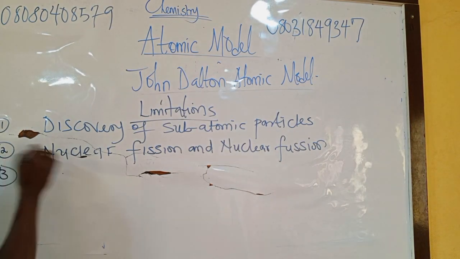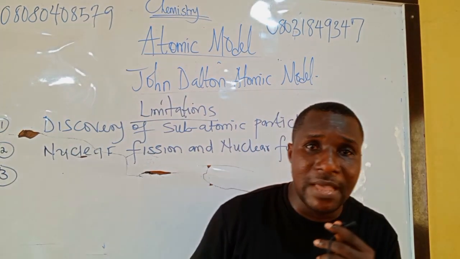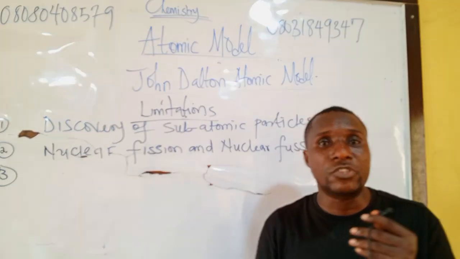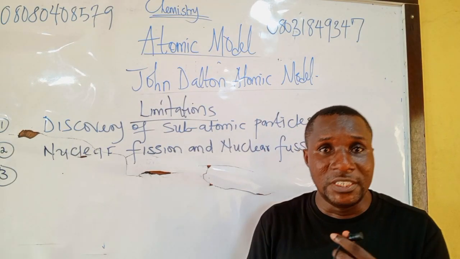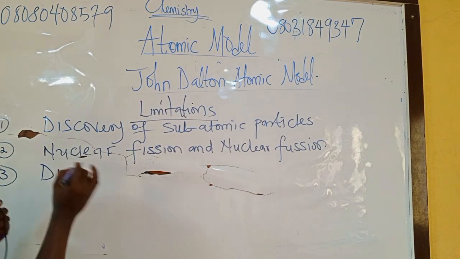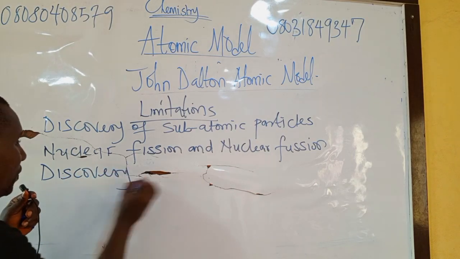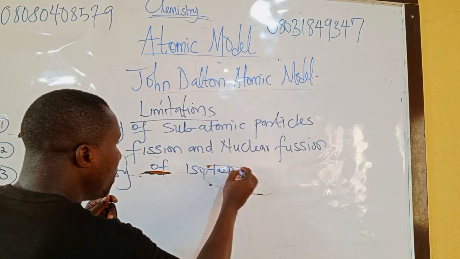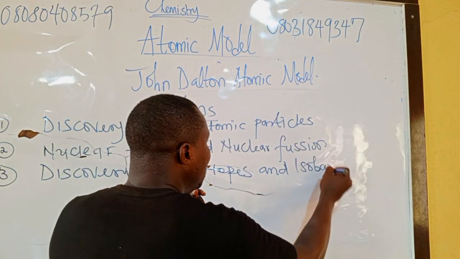Then the third one. What is the third one? The third one says atoms of the same element are alike in all aspects, but differ from atoms of other elements. What proved that wrong is the discovery of isotopes and isobars.